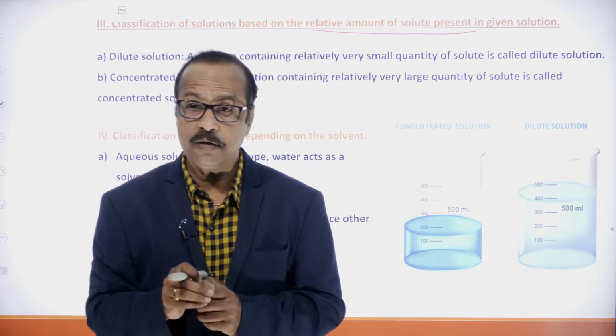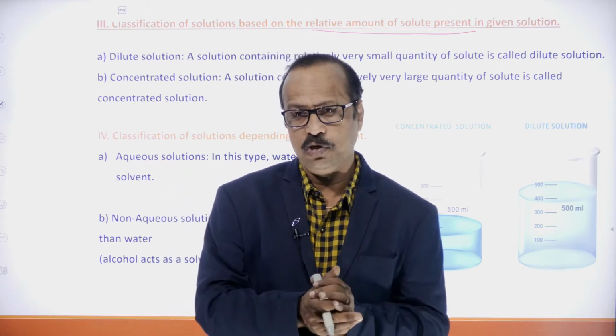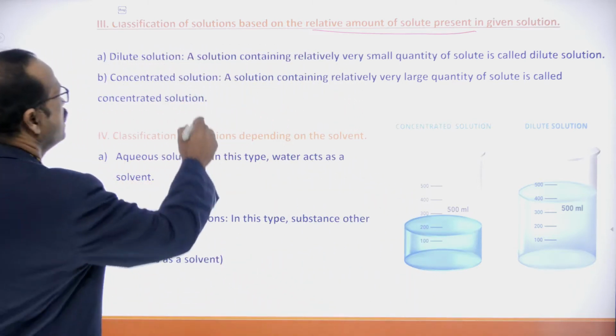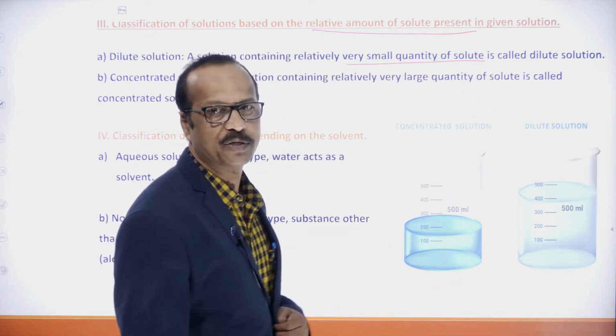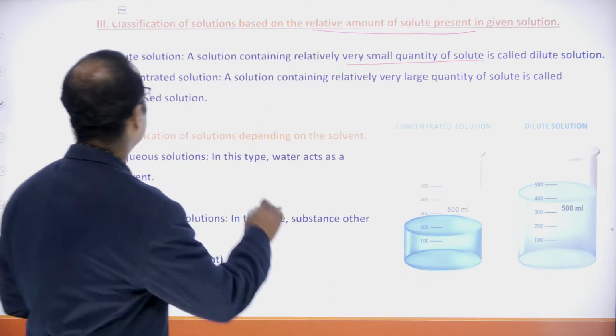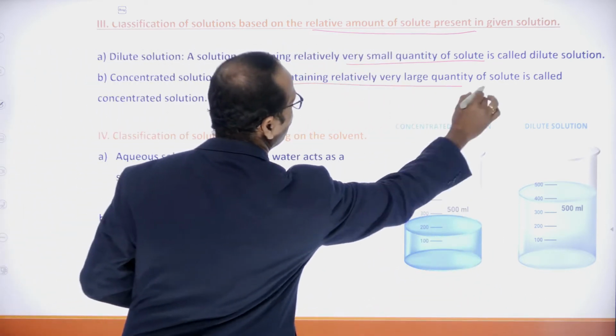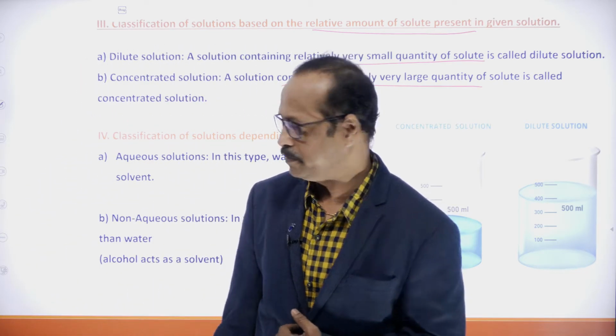Diluted means in which water is mixed. So the water mixed solutions are called diluted. So here you see a solution containing relatively very small quantity of solute. Solute is present in less quantity and the solvent is more in quantity. And here you see a concentrated solution containing relatively large quantity of solute, called concentrated solution, right?